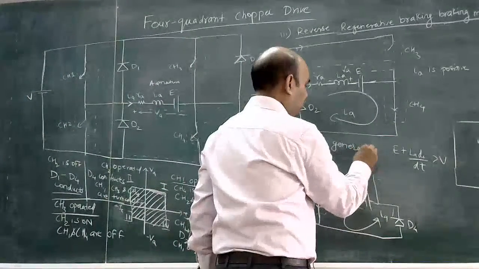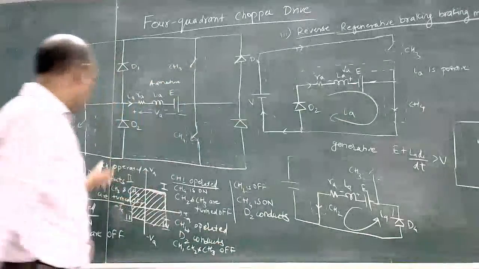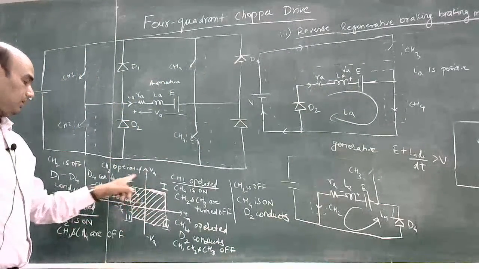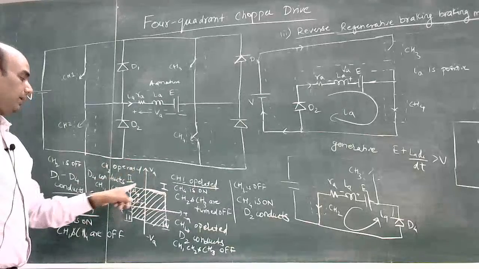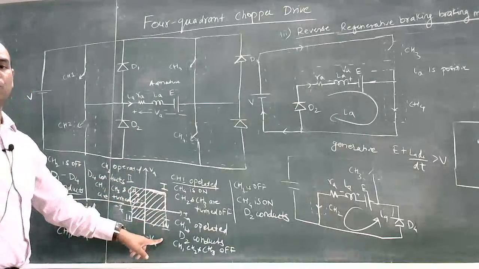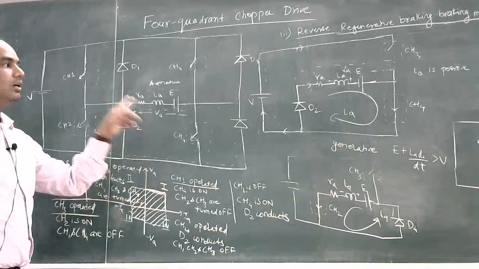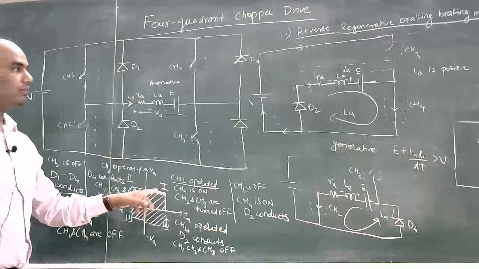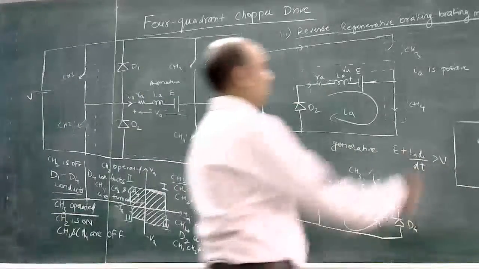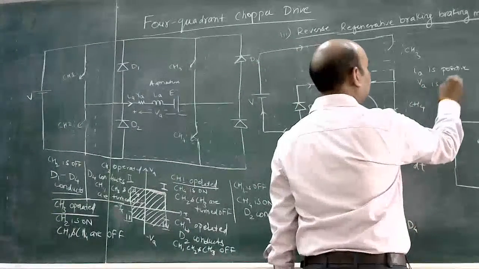So this motor will behave like a generator. This will be the same as in the case of quadrant 2, but here it is operating in the positive direction, while here we have changed the direction of the motor. It is rotating in the reverse direction, so voltage is reverse here. VA is negative.